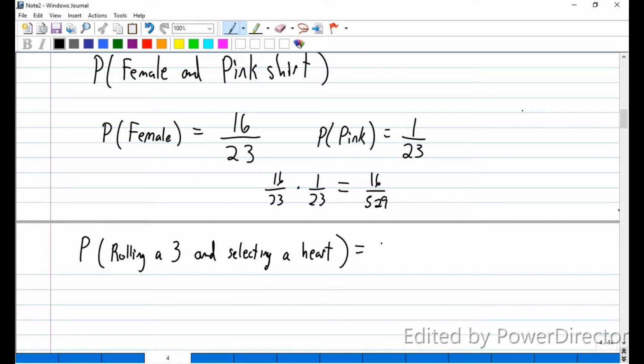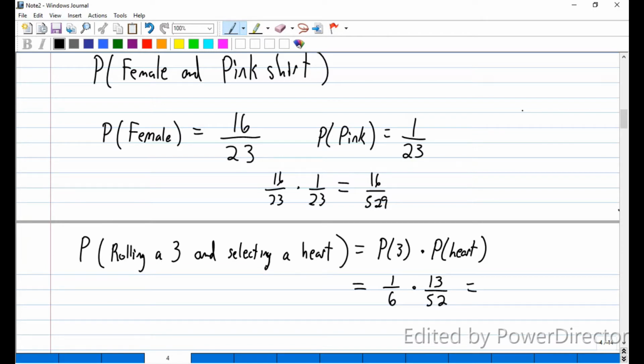Okay? So first, what's the probability of rolling a 3? Well, it's going to be the probability of rolling a 3 times the probability of selecting a card that's a heart. So the probability of rolling a 3 is 1 out of 6. The probability of selecting a heart is 13 out of 52.